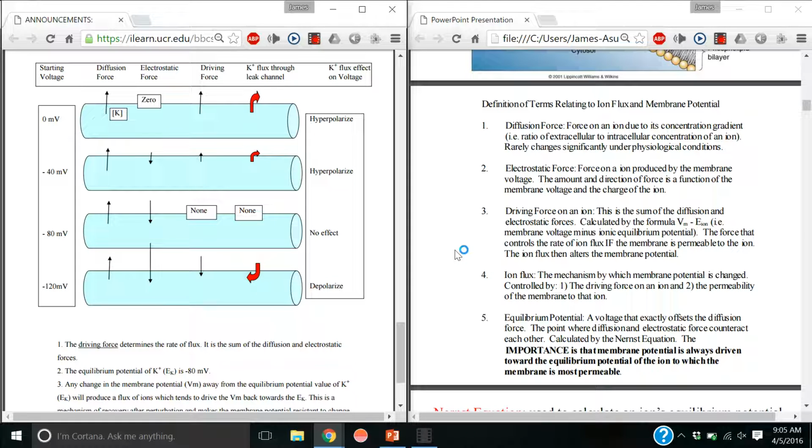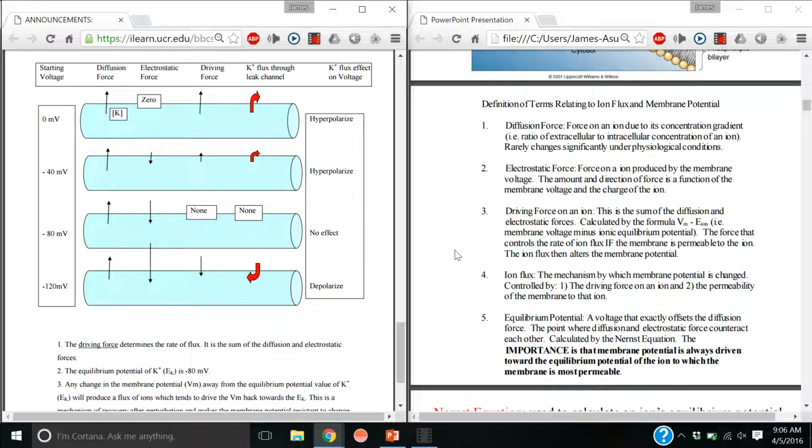But if instead we were talking about chloride, a negatively charged ion, an anion, then a negative membrane potential would actually produce a repulsive force on a negative ion. For the definition: the electrostatic force on an ion is produced by the membrane voltage. The amount and direction of force is a function of the membrane voltage and the charge on the ion.